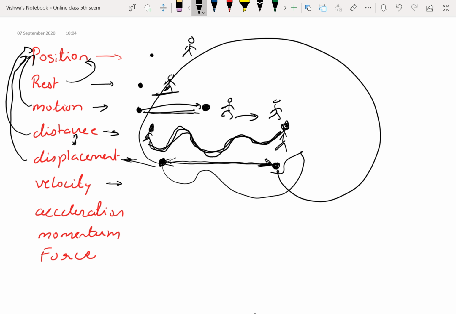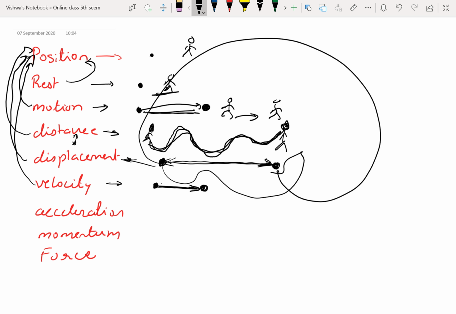velocity. Here velocity means, again it is defined based on positions. Velocity means rate of change of position. So now it is here, the object I am considering. After some time interval it comes here. Now this is the distance.